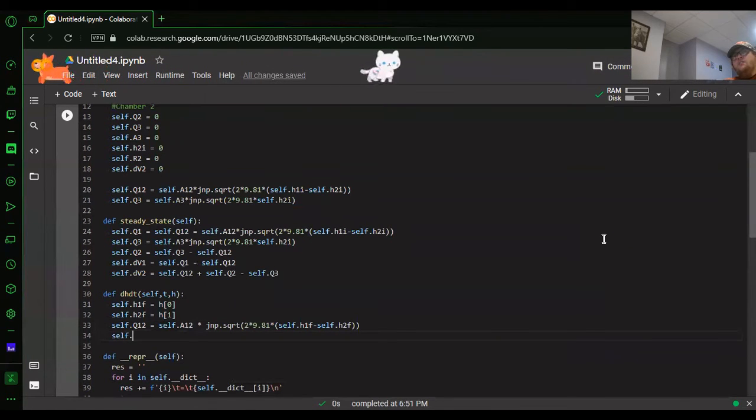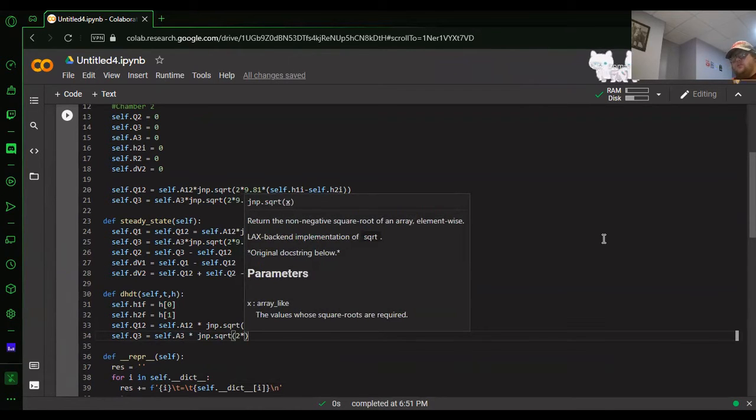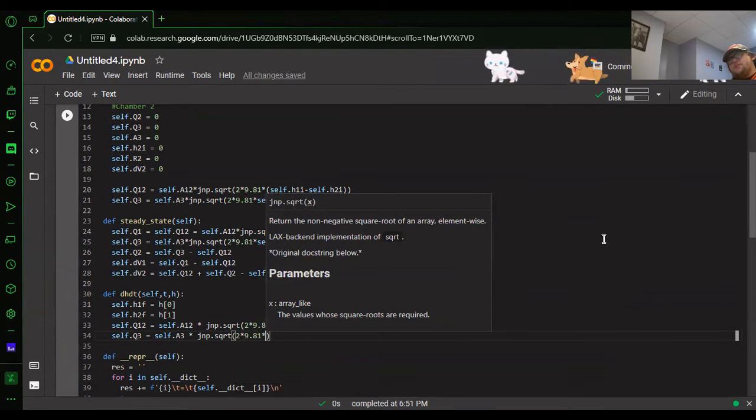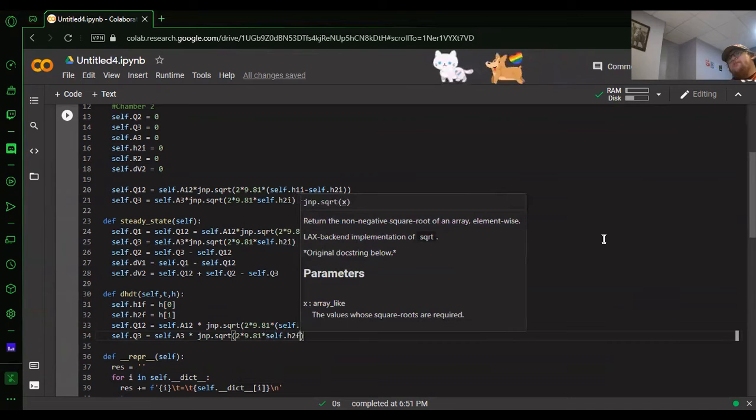Excuse me. Self.Q3 is equal to self.A3 multiplied by the square root of 2 times 9.81 times self.H2F.